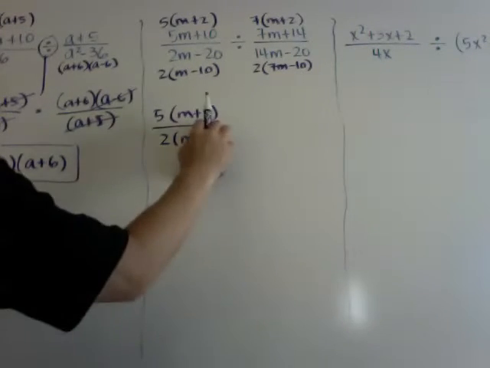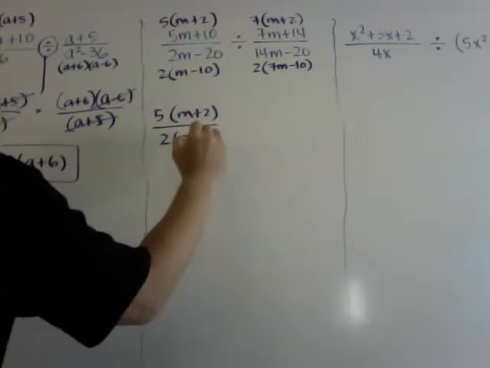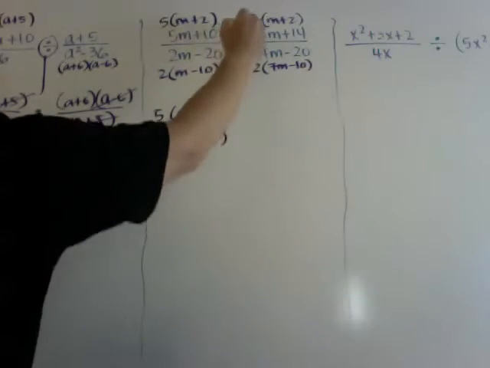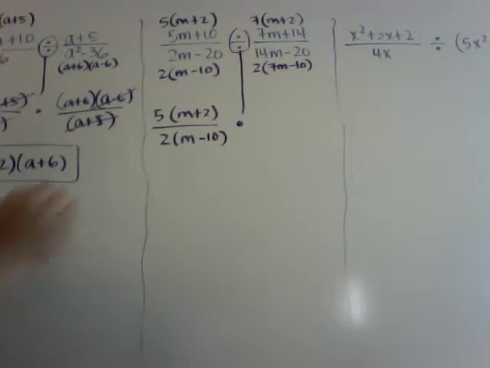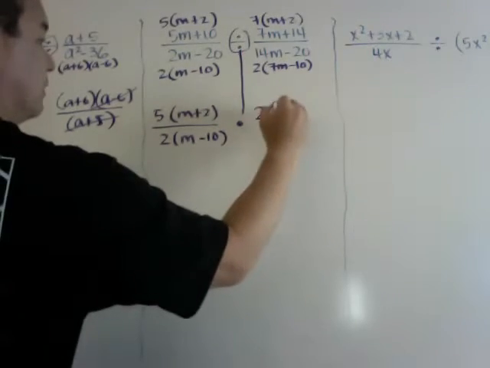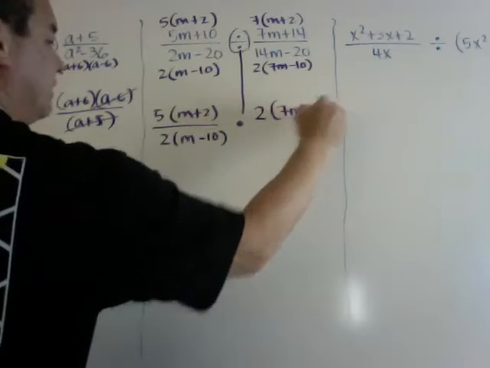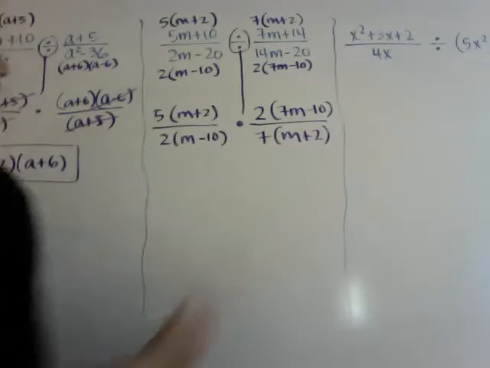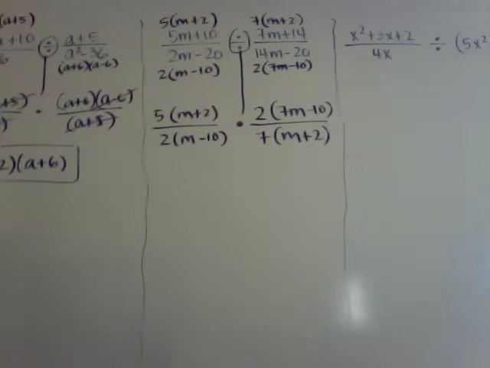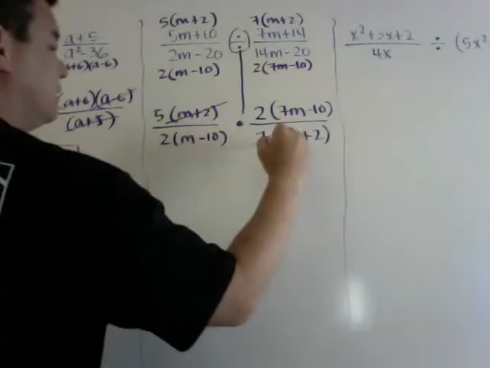I'll make it nice, sorry. And again, I'm going to change this to a times. So I'm going to flip it and multiply by the reciprocal and go 7m minus 10 over 7m plus 2. And now let's see what we cancel. I can pull out the m plus 2.